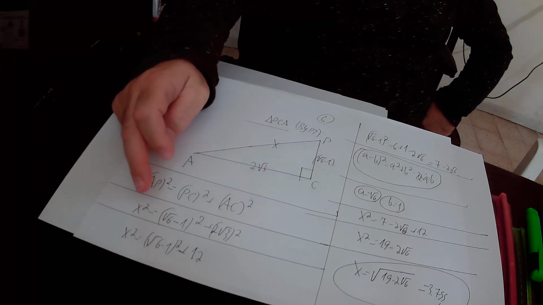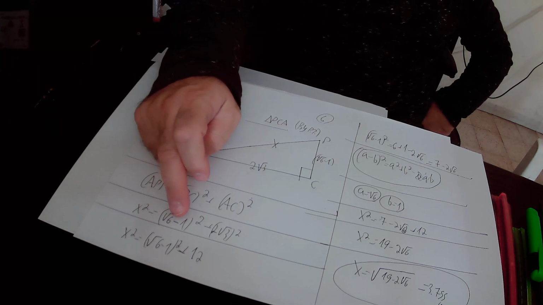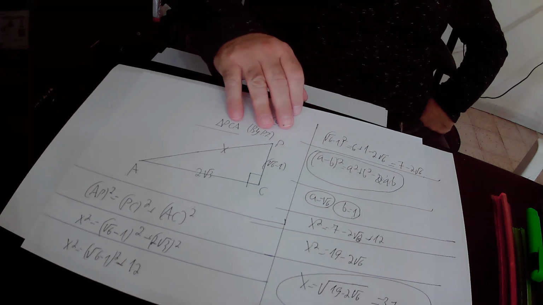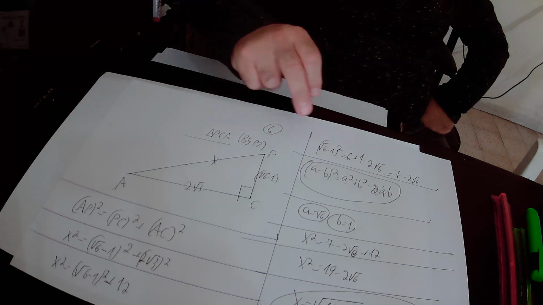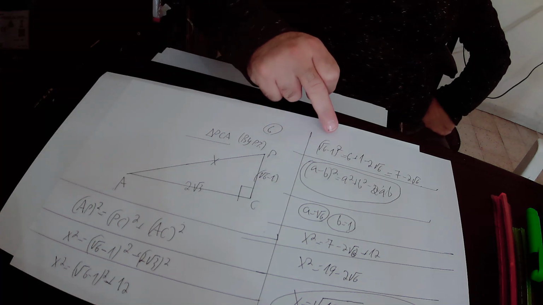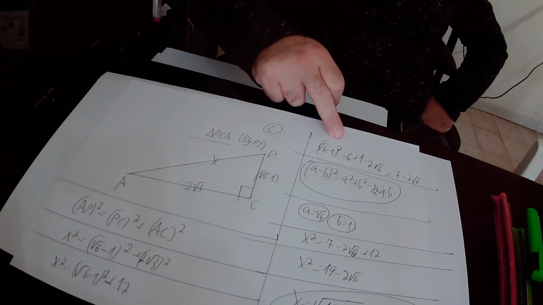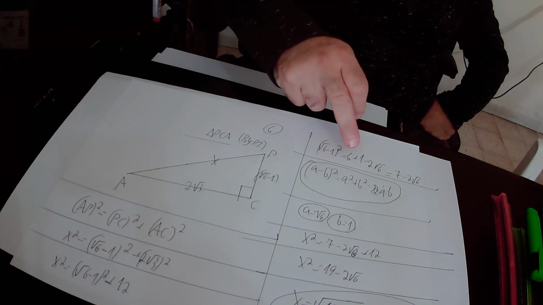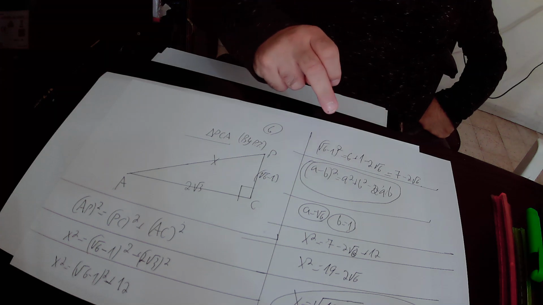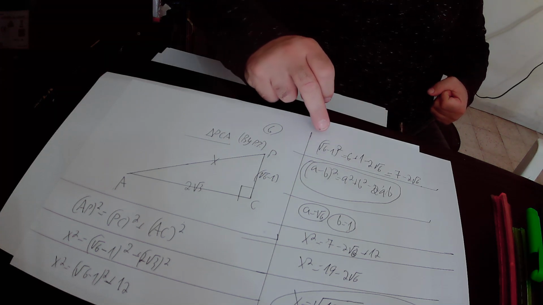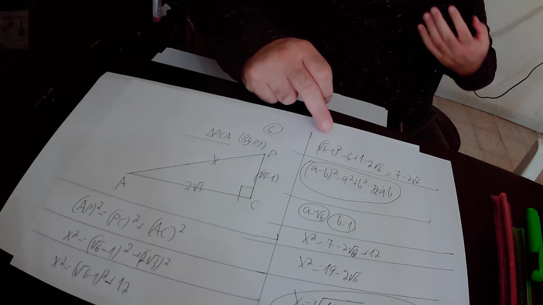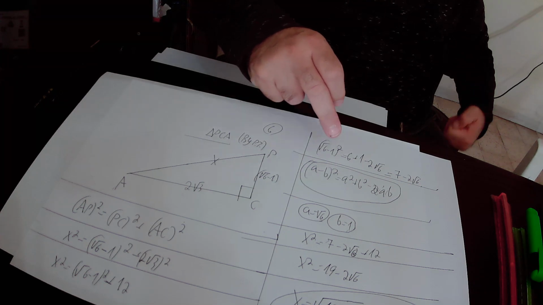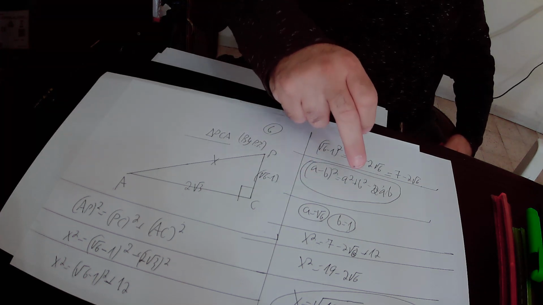So in conclusion, we found out that x squared equals (square root of 6 minus 1) squared plus 12. Now we find the value of this expression, (square root of 6 minus 1) squared, according to the algebraic identity that states that (a minus b) squared equals a squared plus b squared minus 2ab. In our expression, a equals the square root of 6 and b equals 1.